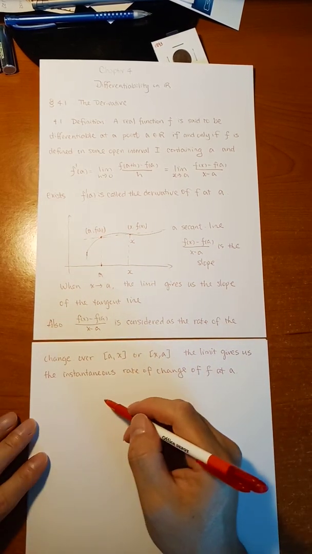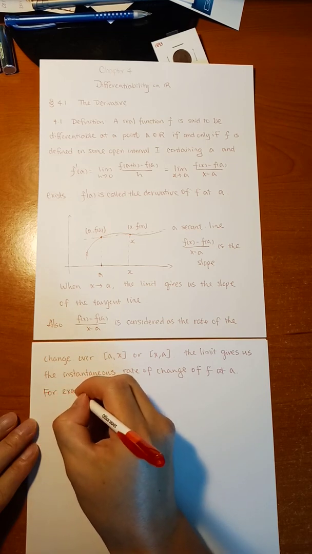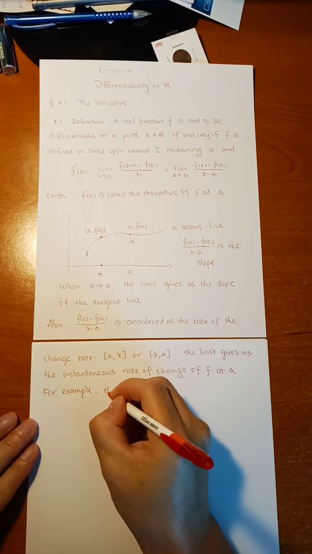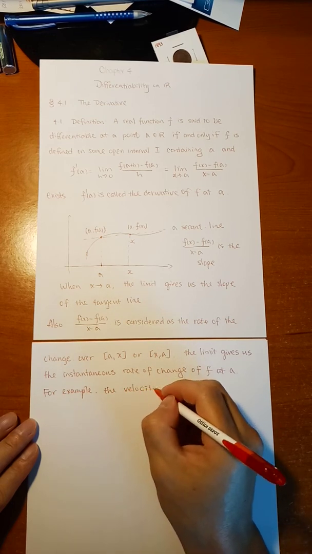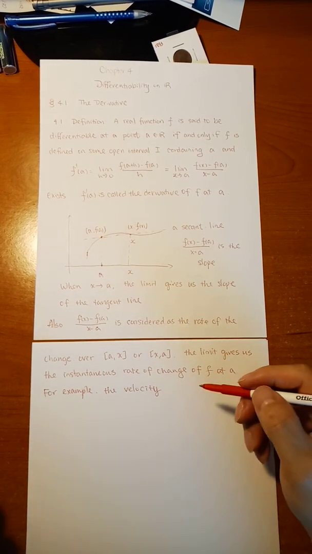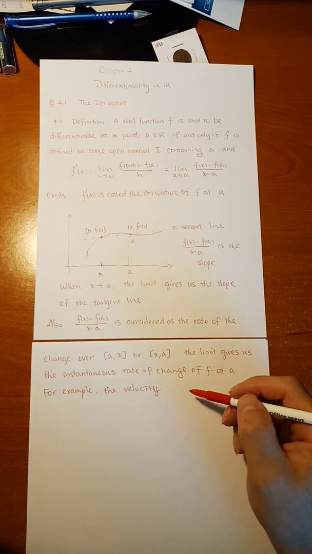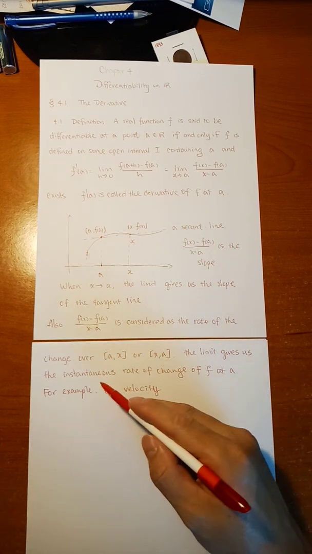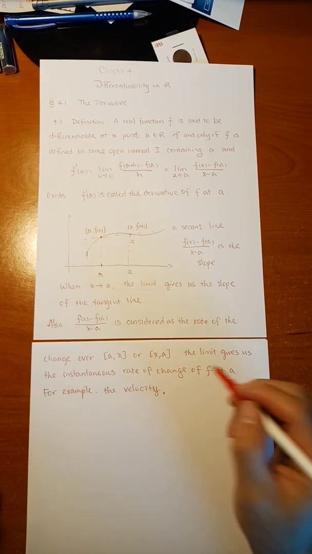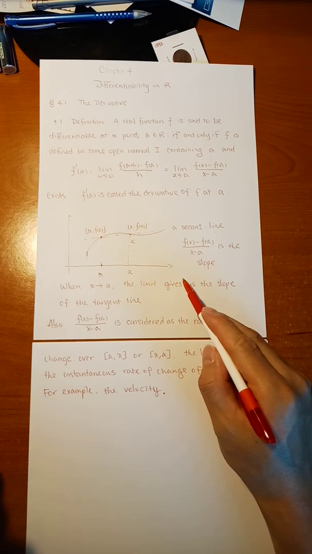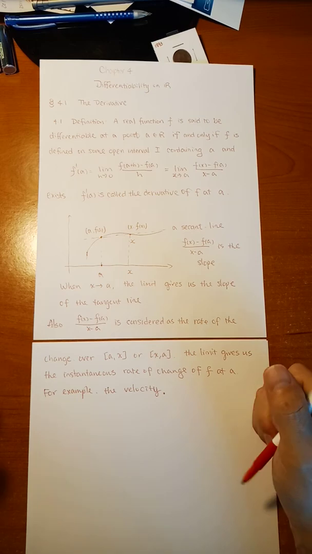For example, the velocity: velocity is the instantaneous rate of change of the displacement. So this is the explanation in geometry, and this is the explanation in physics, the rate of change, the velocity.